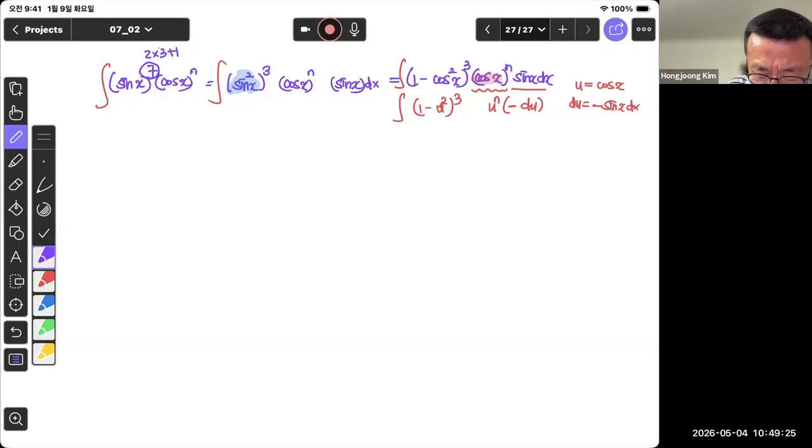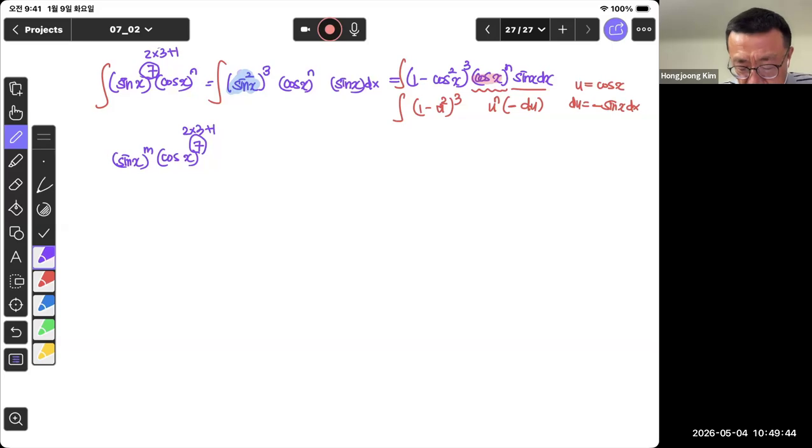If I have sine x to the m and say cosine x to the 7th, then we have a similar trick. This 7 is interpreted as 2 times 3 plus 1.